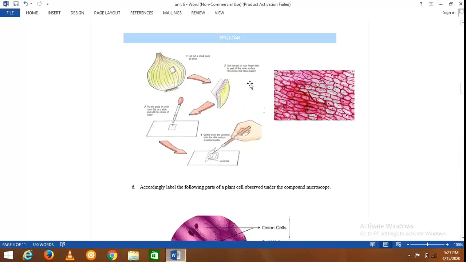Then you can transfer that thin transparent section onto a watch glass containing water, and then if you wish to stain the specimen, you can use a stain like safranine.